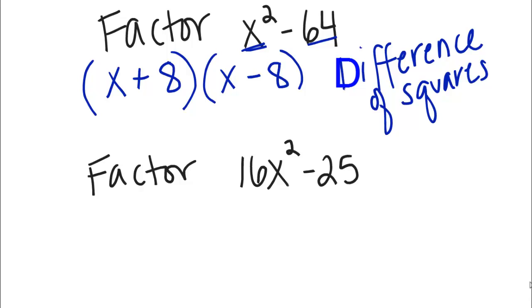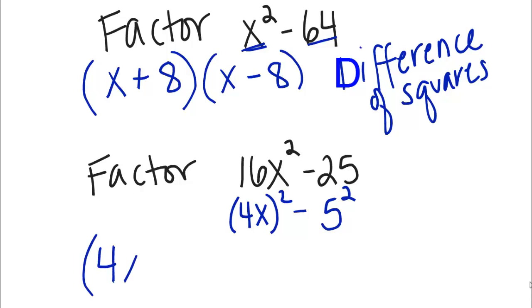The bottom one is also a difference of squares. It might be a little bit harder to see. 16x squared, that's actually 4x times 4x. So that is a perfect square. 25 is 5 times 5. So when I factor this, if I match the structure up above it, we know that that would be 4x plus 5, 4x minus 5.